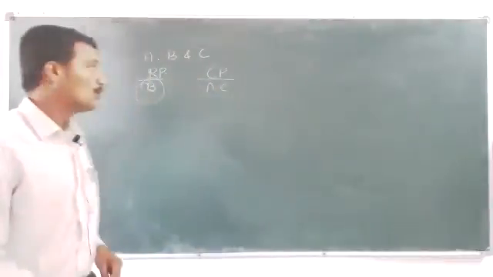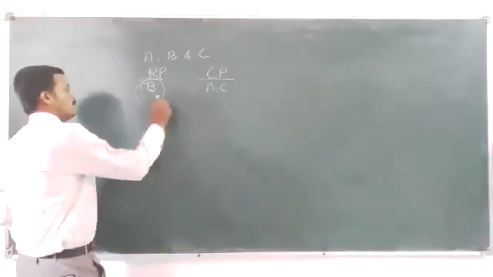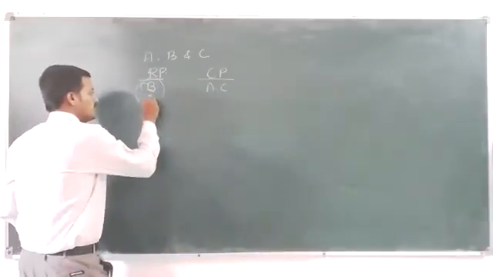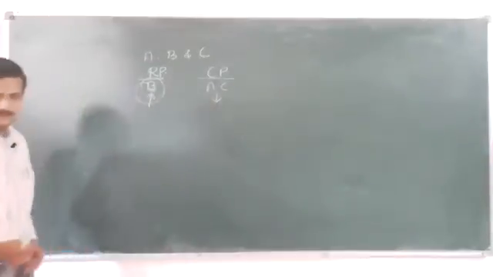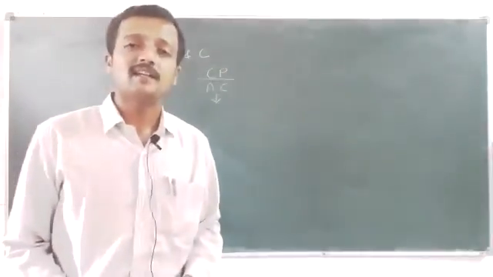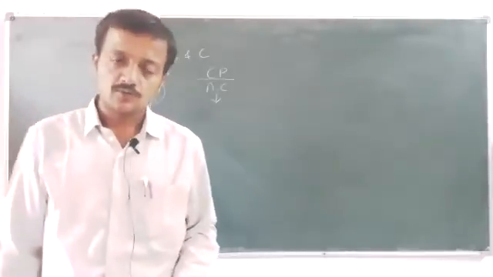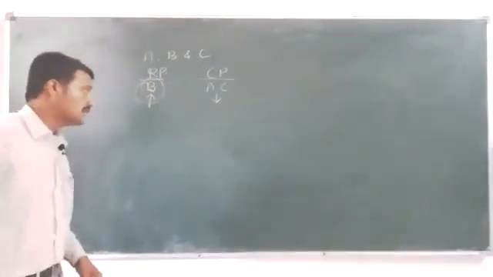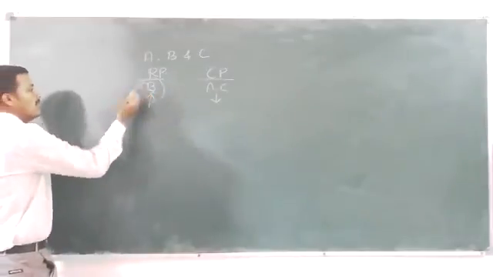So who should get paid for goodwill? Mr. B is the receiver, and the givers are A and C. But this payment and receipt will not be done in cash. The adjustment will be done in their capital accounts.